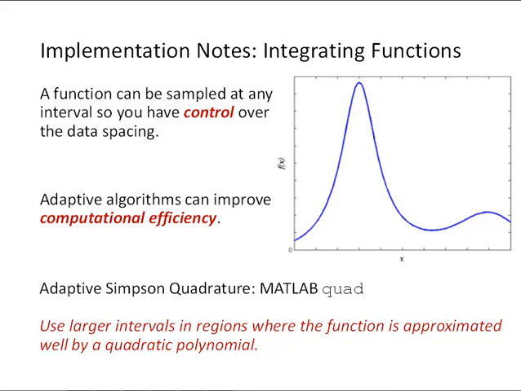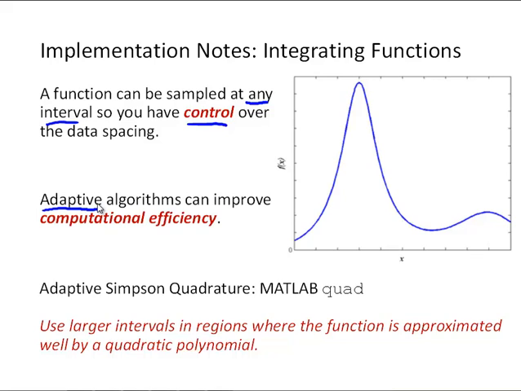One last implementation note is when we're integrating functions, we can sample that function. Recall that the way these Newton-Cotes formulas work is by using a function to generate data, or sampling that function at specific points, and then calculating the integral from those function evaluations. So if we're using a Newton-Cotes formula to integrate a function, we could sample that function at any interval, which means we have control over the data spacing. And one nice thing that we can do with that is develop an adaptive algorithm which could be used to improve computational efficiency.